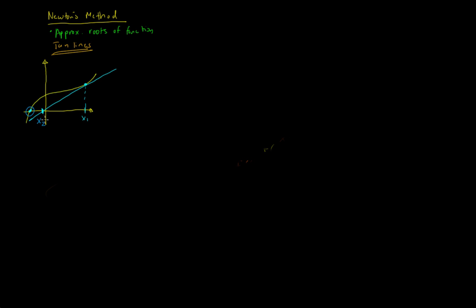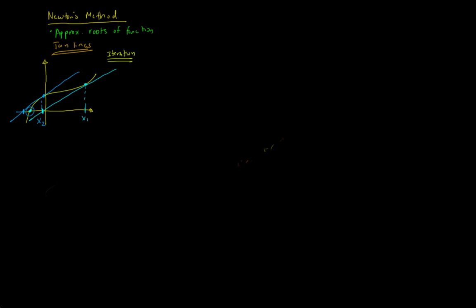And that's our x2. And if we were to repeat that process and draw another tangent line, that would get us even closer to the precise root. And each time that we do that, we get more and more accurate. And each time is called an iteration.